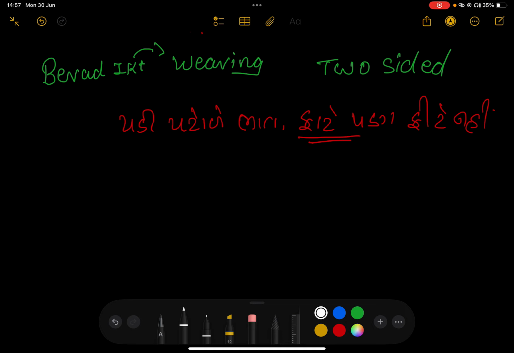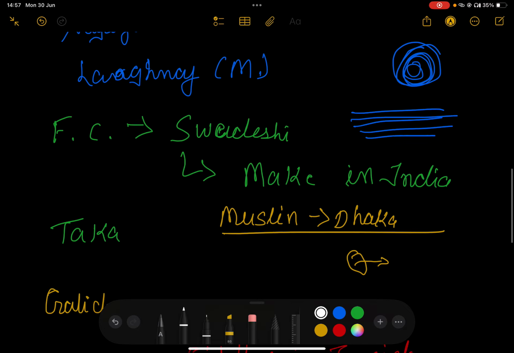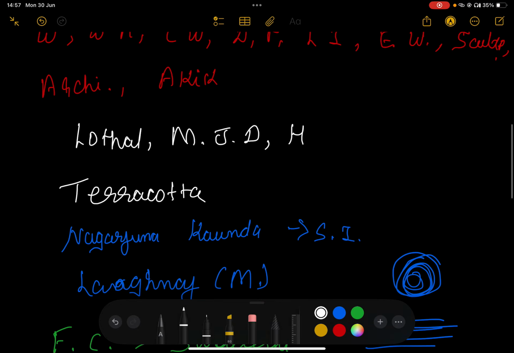Then next is the art of embroidery. The work of embroidery can be seen in the clothes of the idols and statues which were found during the excavation of Harappa and Mohenjo-daro. Harappa and Mohenjo-daro, right? The art of embroidery on the clothes of men, women and children is very famous from ancient times. It was seen on the clothes of men, women and children in Sindh.